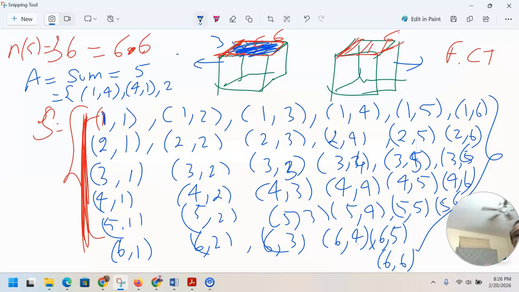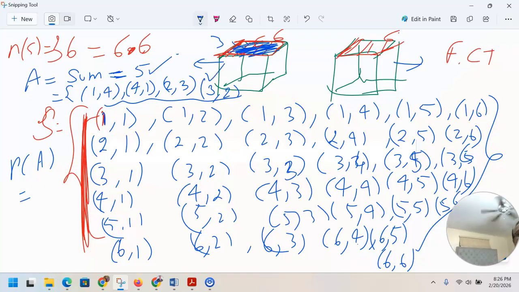What other one can you think of? 2 and 3 add up to 5, and 3 and 2 also add up to 5. So you have 4 options here. That's why the probability that they add up to 5 is 4 out of 36, which reduces to 1 out of 9.